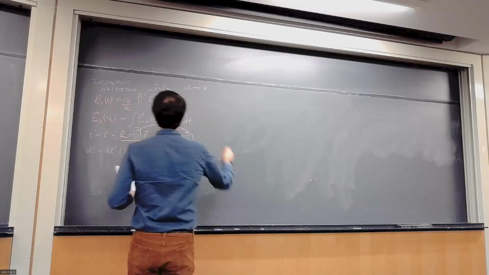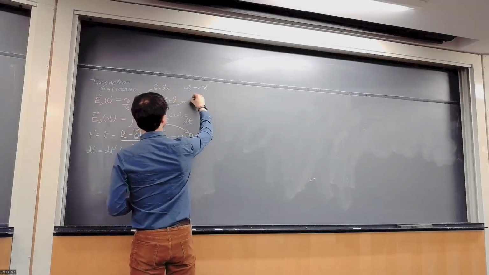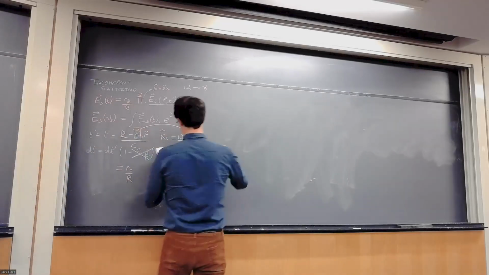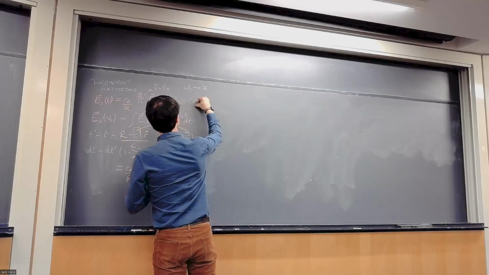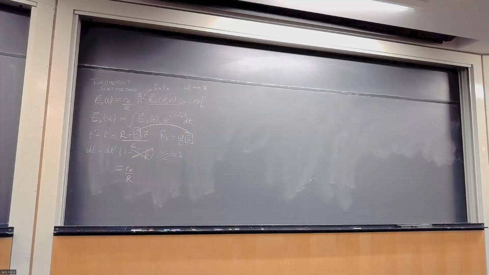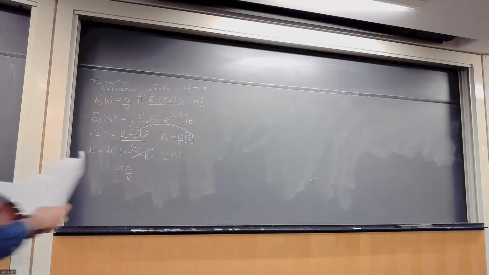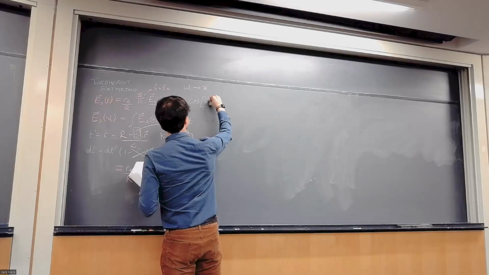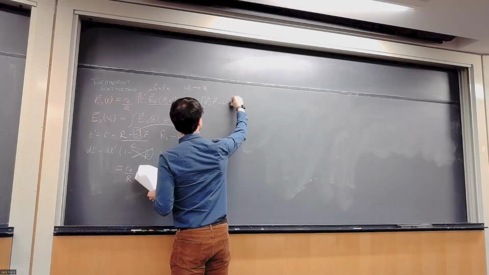I just need to go back up here and remind you that this E_i here has a factor that looks like cosine of ki dot r minus omega i t prime.